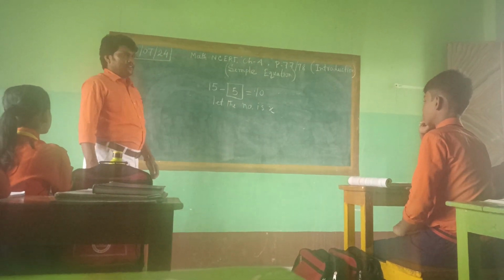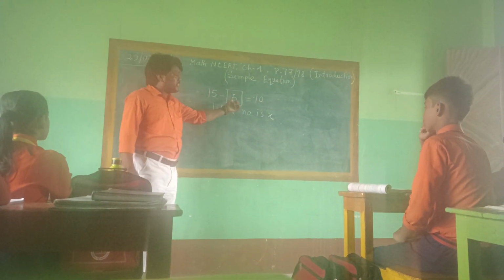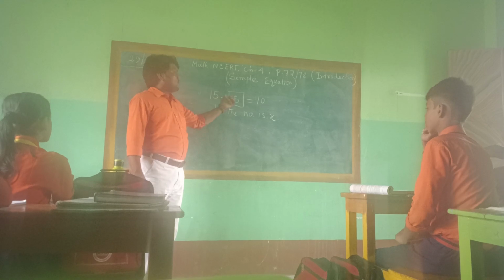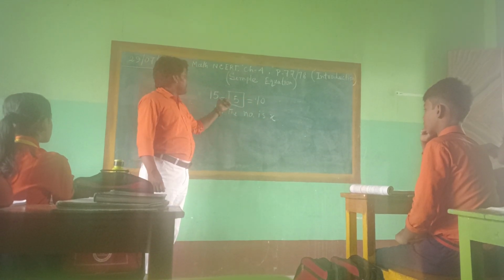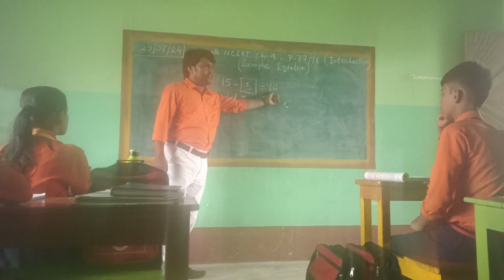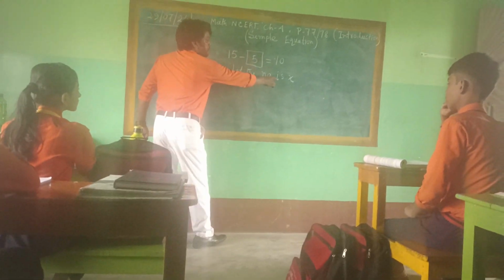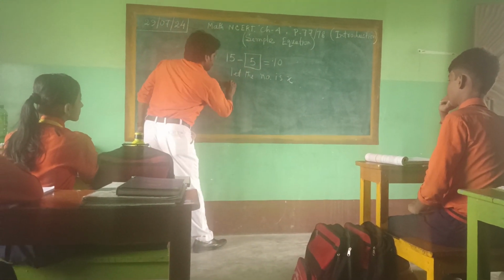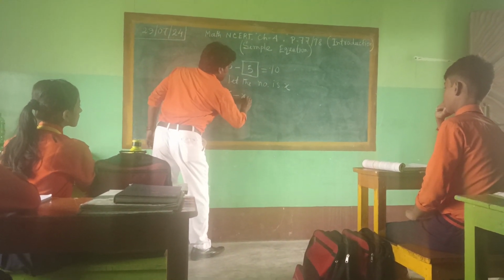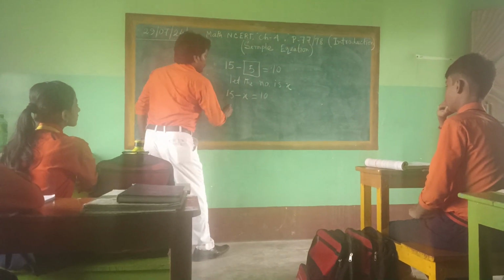But if you find the result by applying the simple equation, let the number be x. So what is the question? What should be subtracted from 15 to get 10? So 15 minus x equal to 10.